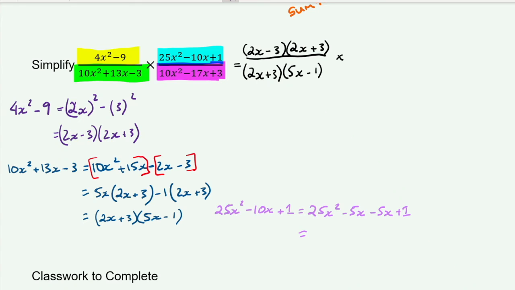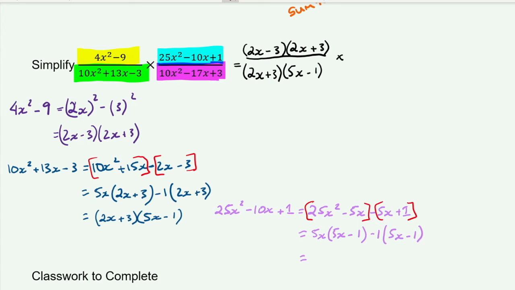Okay, get my pairs going. And I'm going to have 5x minus 1. And I have the minus 1, 5x minus 1.